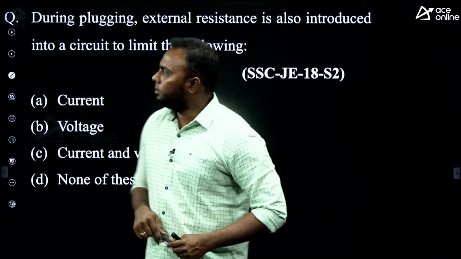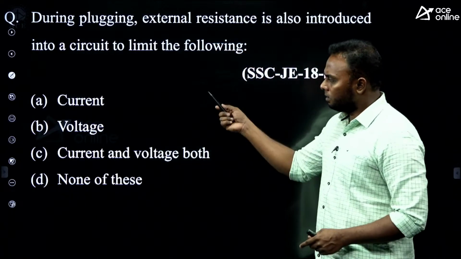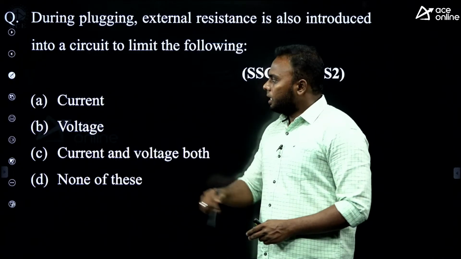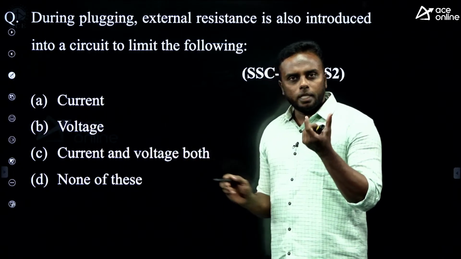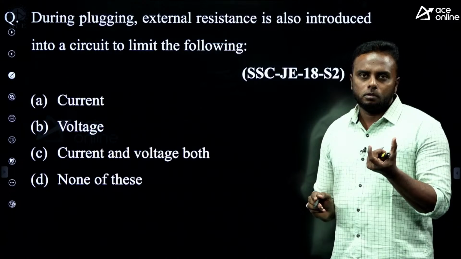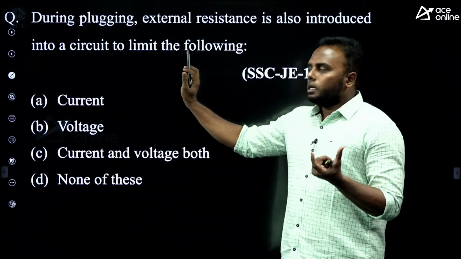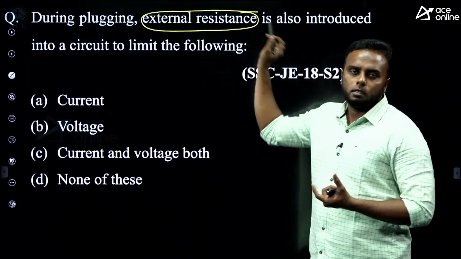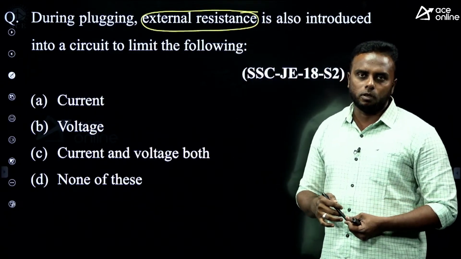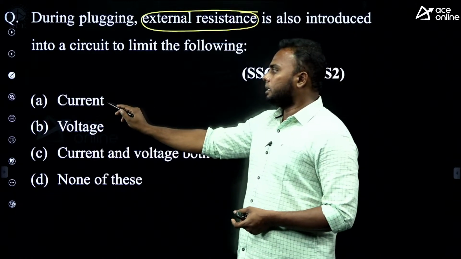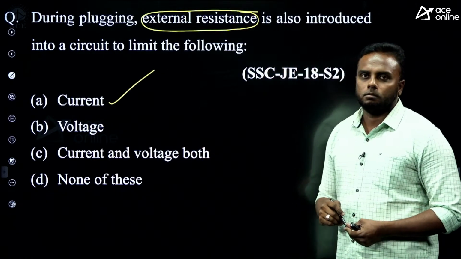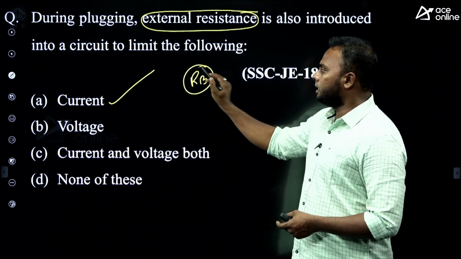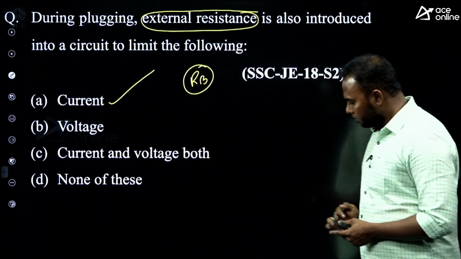To limit what: current, voltage, both, or none? During plugging, as the voltage across the armature is additive, current will be very, very high. If you don't add this external resistance, the high current may damage the entire armature winding. That's why, to limit that current, we add that resistance. We call it braking resistor RB. By adding this resistor, current will reduce.